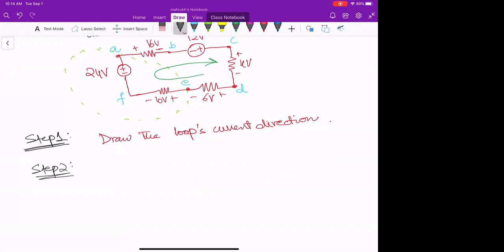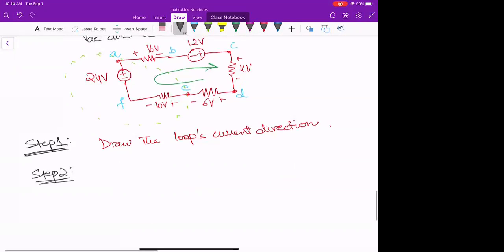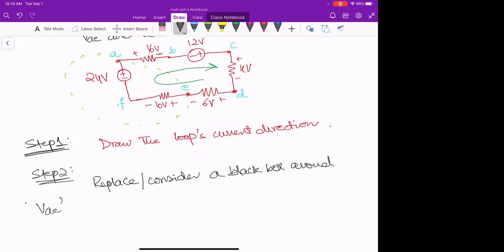Okay. So what should I do to find VAE? I will replace, or consider, a black box around VAE, okay?